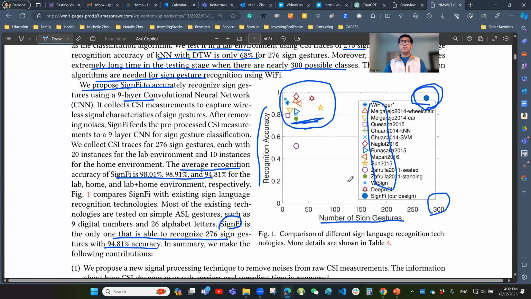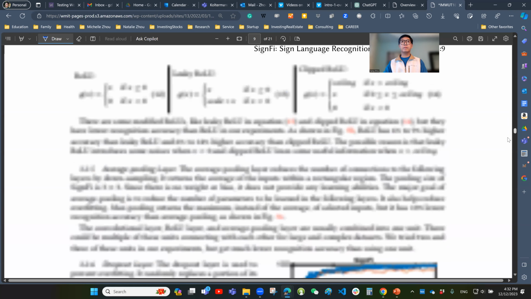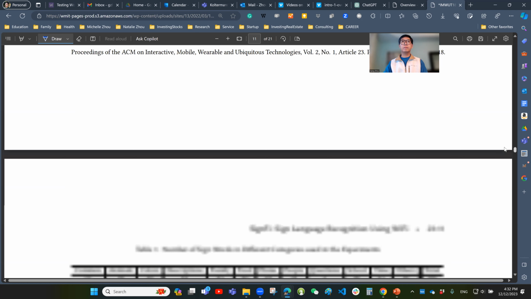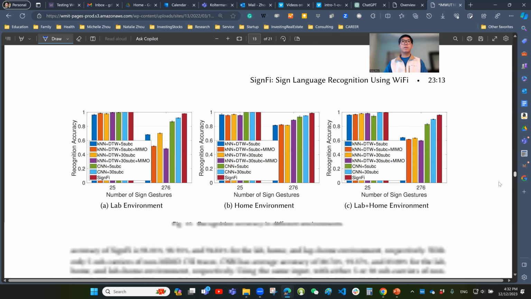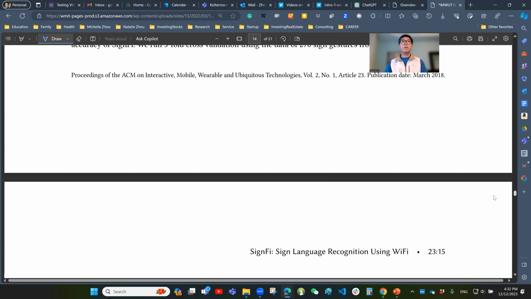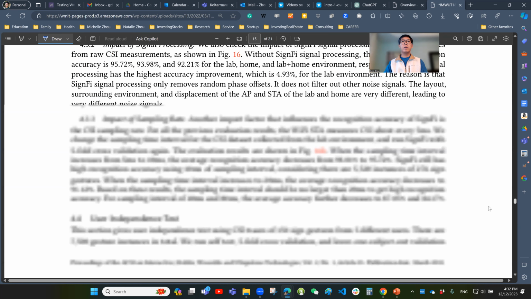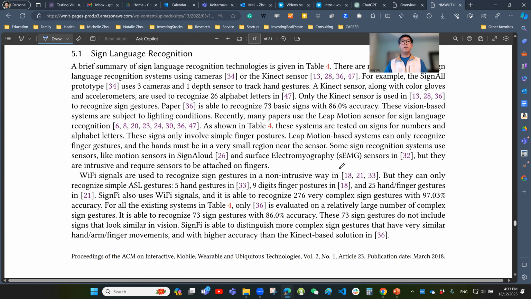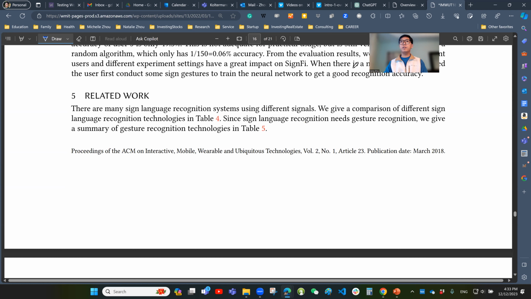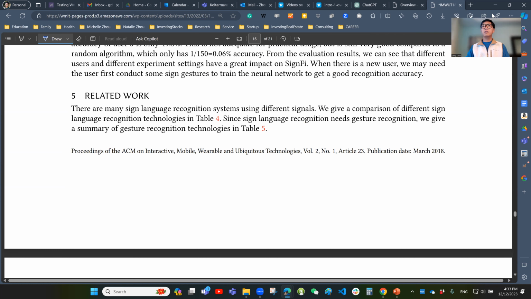The same paper, let's go to the related work section. We're almost there. Okay. Related work section. So you see, that's how we start.